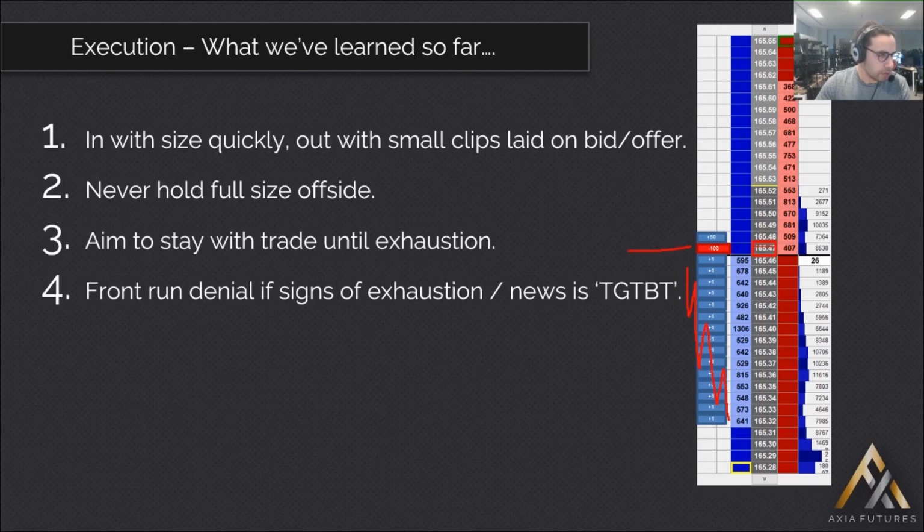But really where the next decision making process comes in the trade is deciding how you think this will continue, and a lot of this is based on the principle that you want to stay with the trade until exhaustion, until the market's telling you that it's going to do something else.